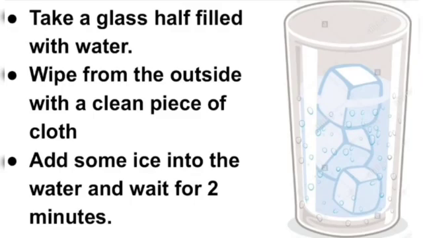Procedure is take a glass half filled with water and then wipe it from the outside with a clean piece of cloth. Means glass should not be wet. And then add some ice into the water as shown in this picture and wait for 2 minutes.